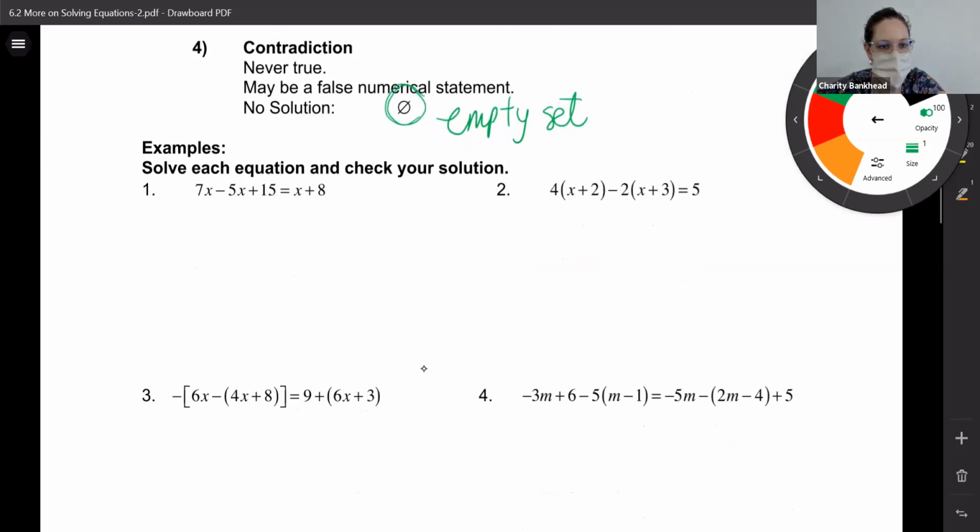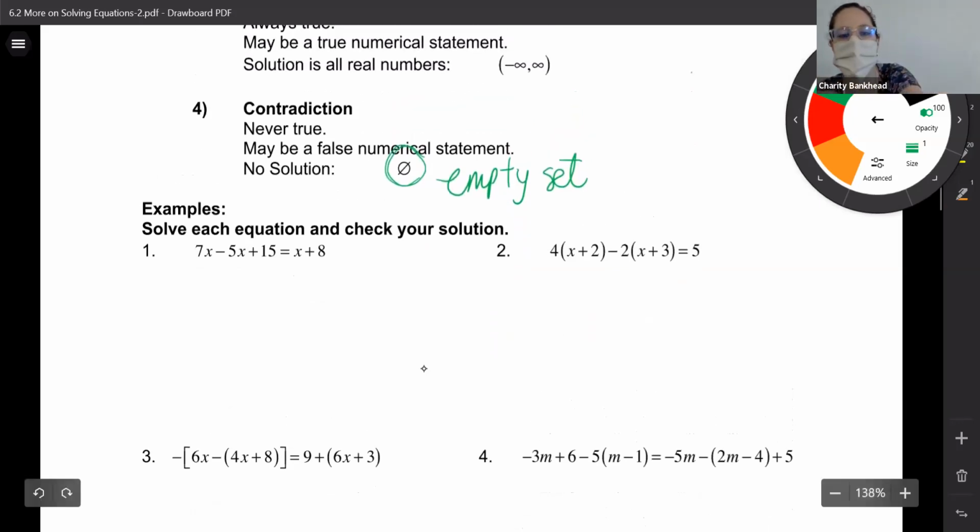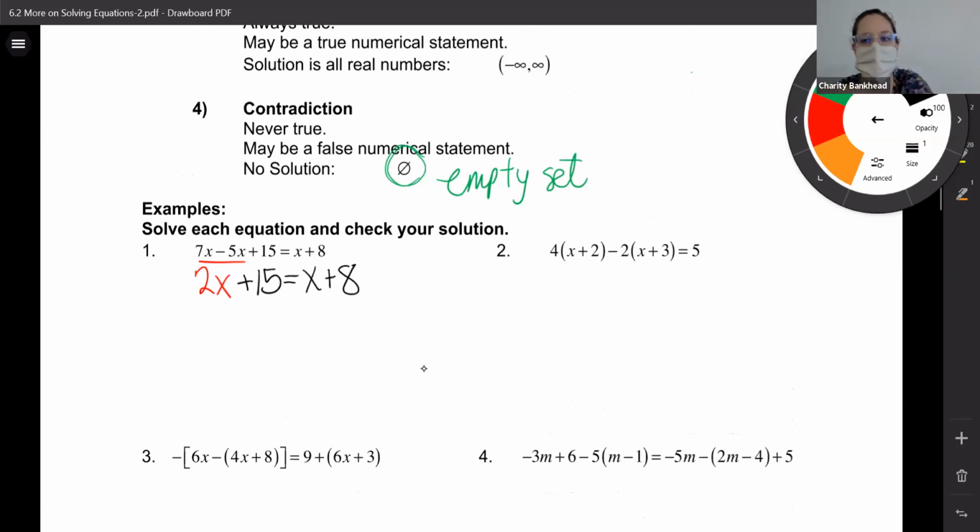All right. So number 1, we need to simplify each side of the equation first. So 7x minus 5x equals 2x. And then bring down plus just everything else. Plus 15 equals x plus 8. All right. So x is the same thing as 1x. So we need to have x only on one side of the equation.